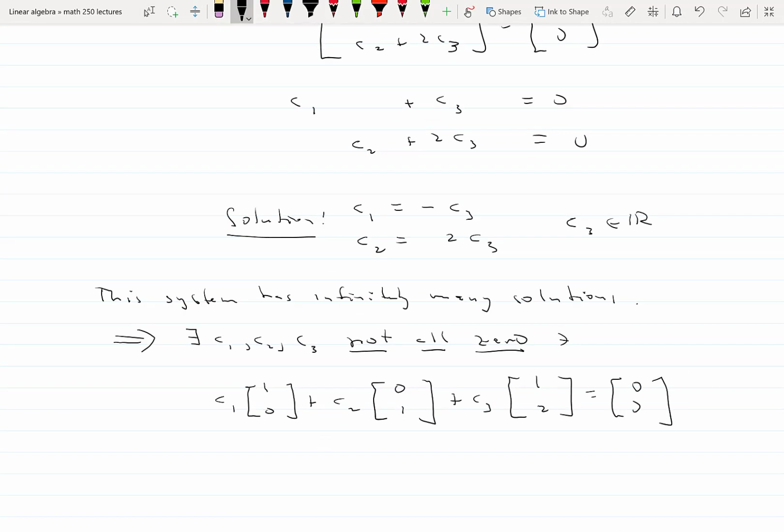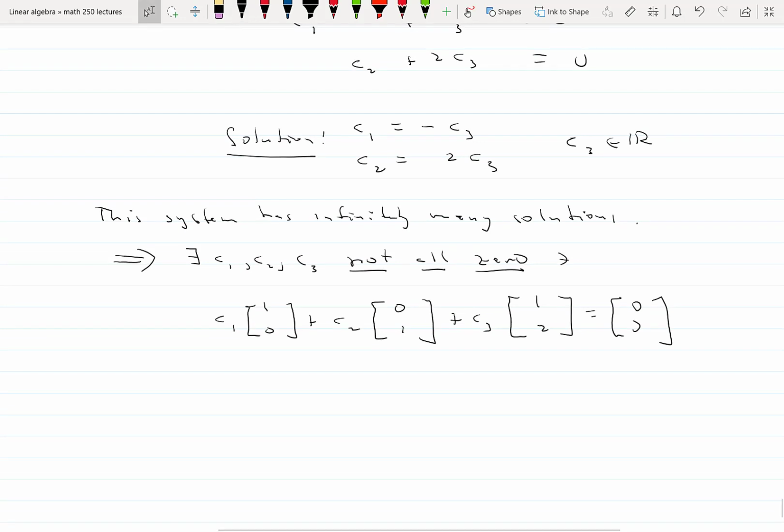This is very important. There exist constants that are not all 0, since the solution to the system had those constants, and we have more solutions than the trivial solution. So we have constants that are not all 0 such that the equation holds true. Done. So the vectors are linearly dependent.